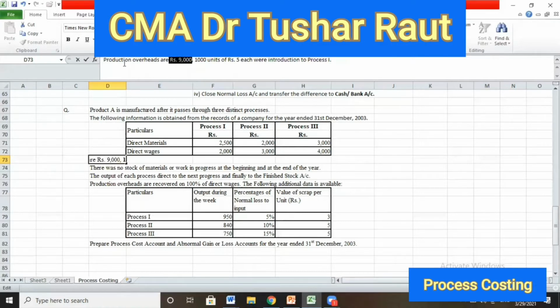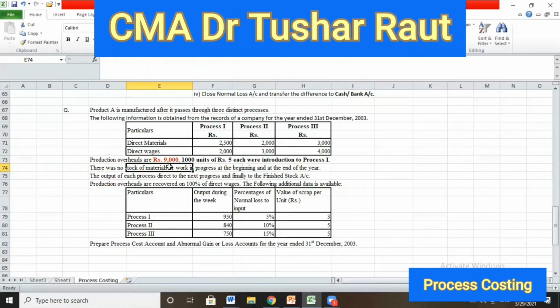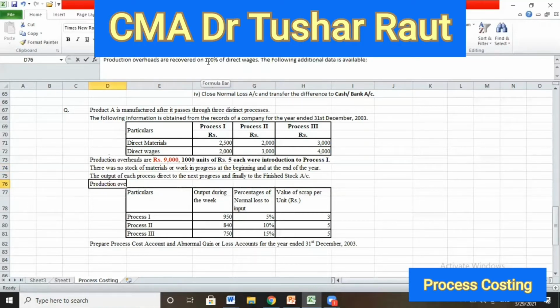Only 9,000 was mentioned, and nothing was mentioned over here. So the production overhead was given in common for process 1, process 2 and process 3. This information is related to production overheads being recovered on 100% of direct wages. So as we calculate or charge direct wages, in the same way we will calculate the production overheads.